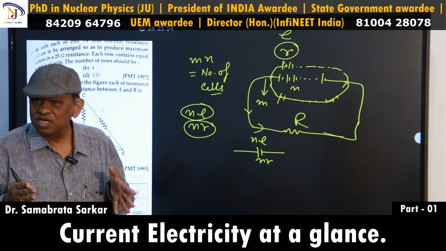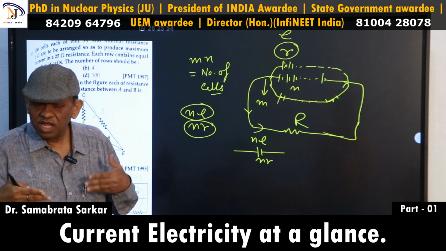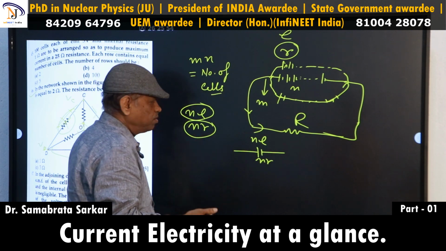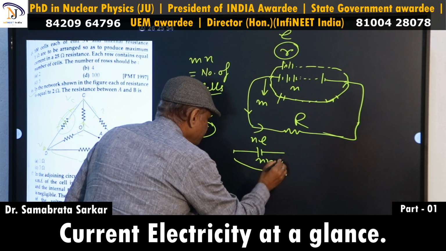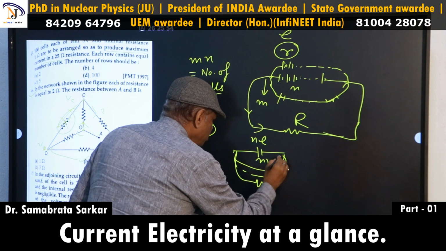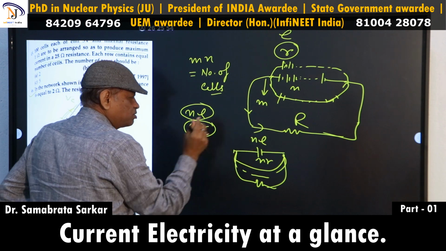How many such rows are there? M number of rows. Then the voltage is constant.